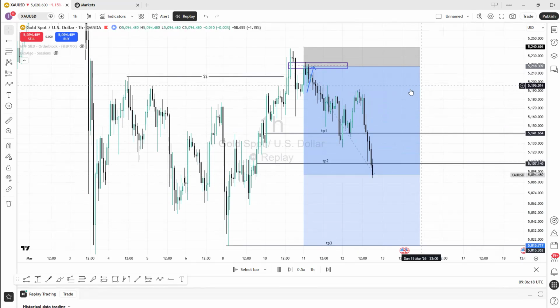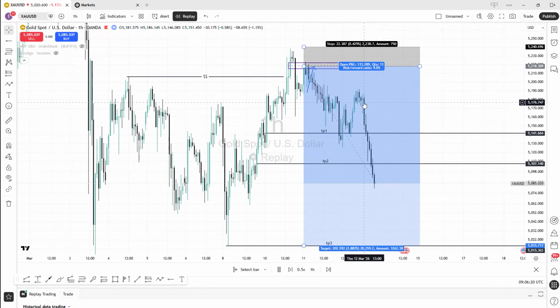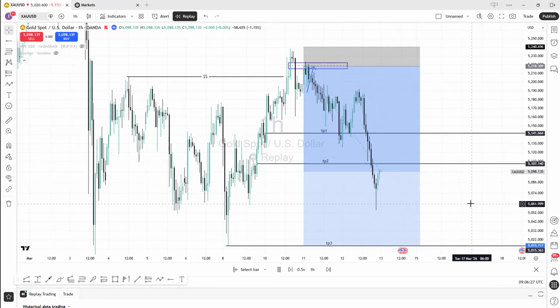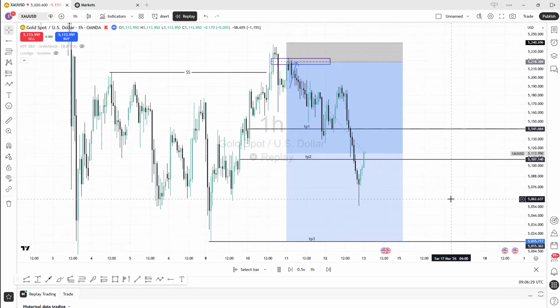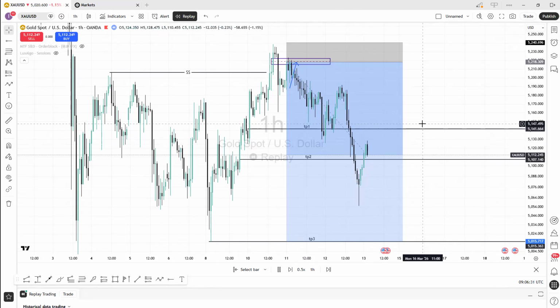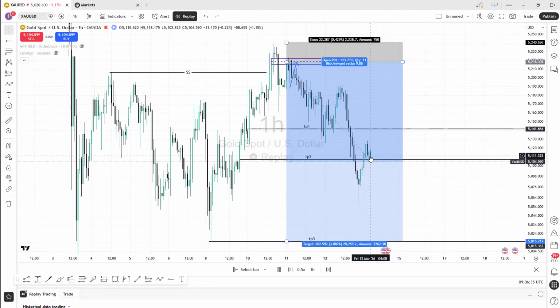Let's see how TP number two hits successfully. You can see when TP number one hit, it created a pullback. When TP number two hit, no pullback. Let's see. Okay. TP number two hit and price created that pullback.